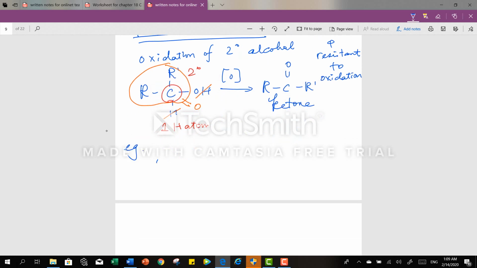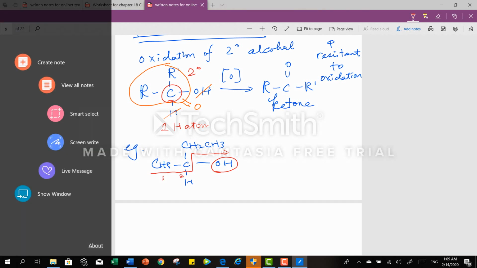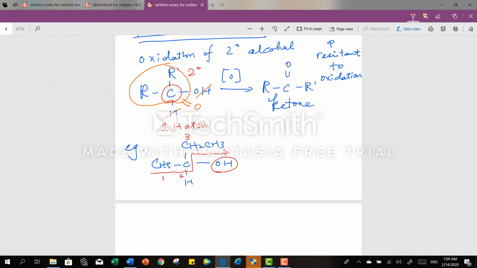Now let me give you a concrete example. For example, if you have CH3CH2CH(OH)CH3, what's the name of this one? Do you remember? Let's do some practice. We choose the longest chain, and the functional group is on carbon 2. So this is butan-2-ol.